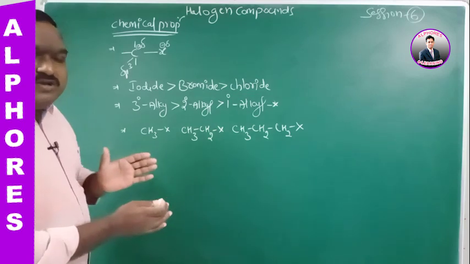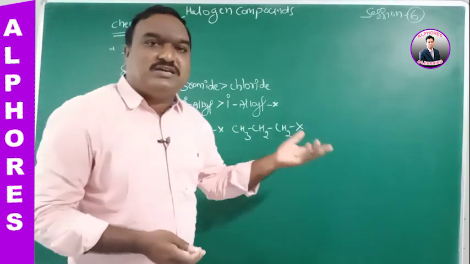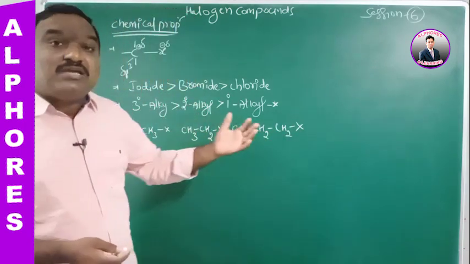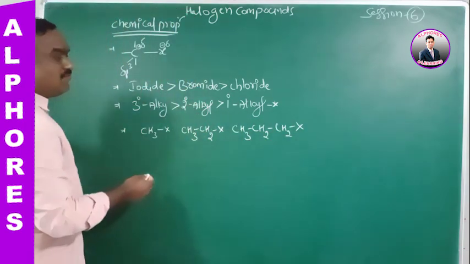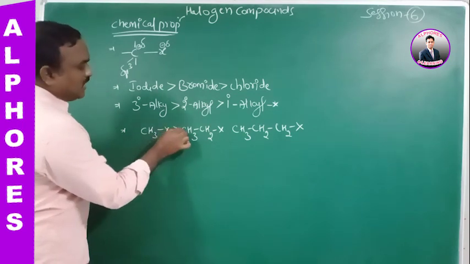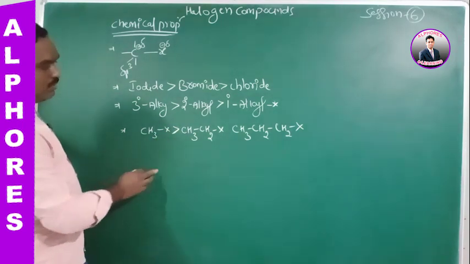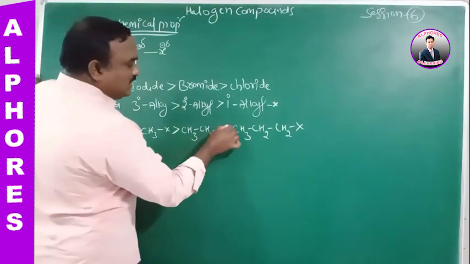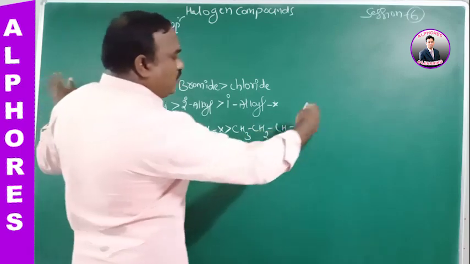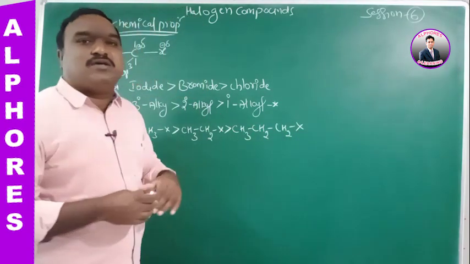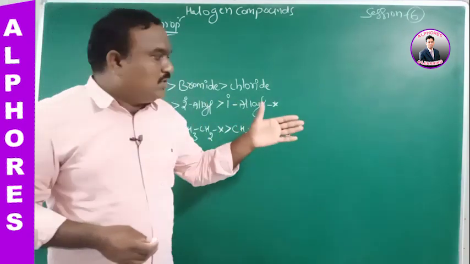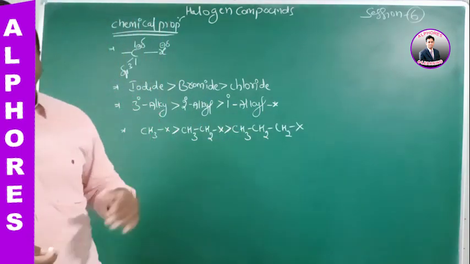That means whenever the non-polar chain length increases, nucleophilic substitution reactivity decreases. Methyl halide reactivity is more than ethyl, ethyl is more than propyl, and propyl is more than butyl. This is the way to explain monohalogen nucleophilic substitution reactions.